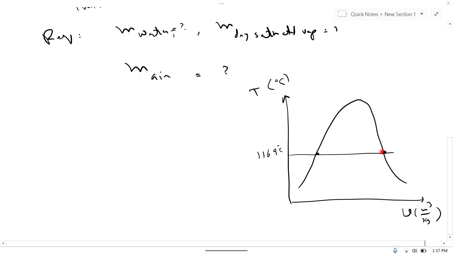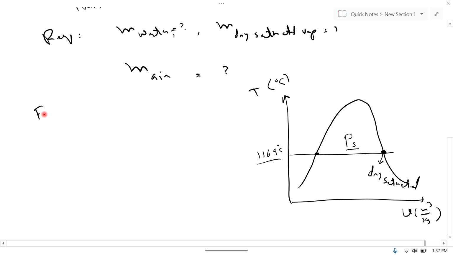At this point, the vapor is dry saturated. The total pressure of the mixture is given, but first we find the pressure at this point. From this point to this point, pressure is called saturation pressure. So first we find this saturation pressure with the help of this temperature.